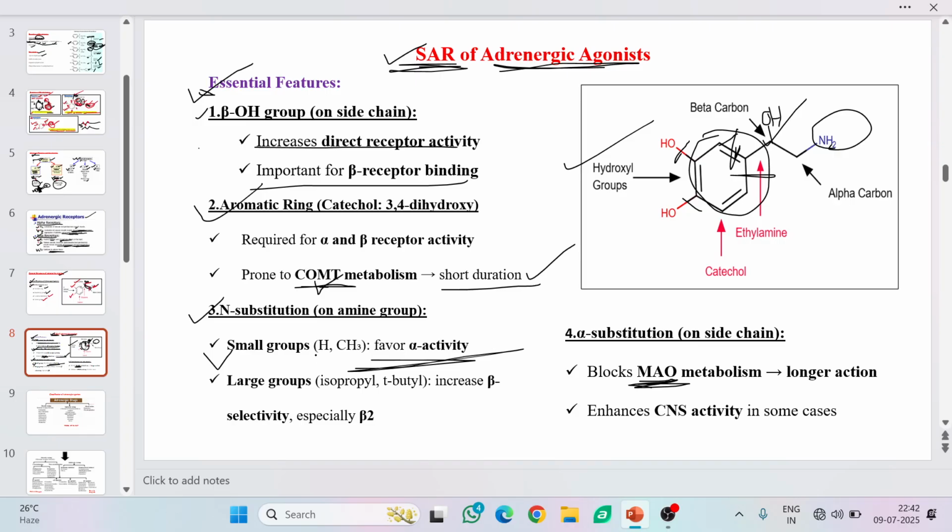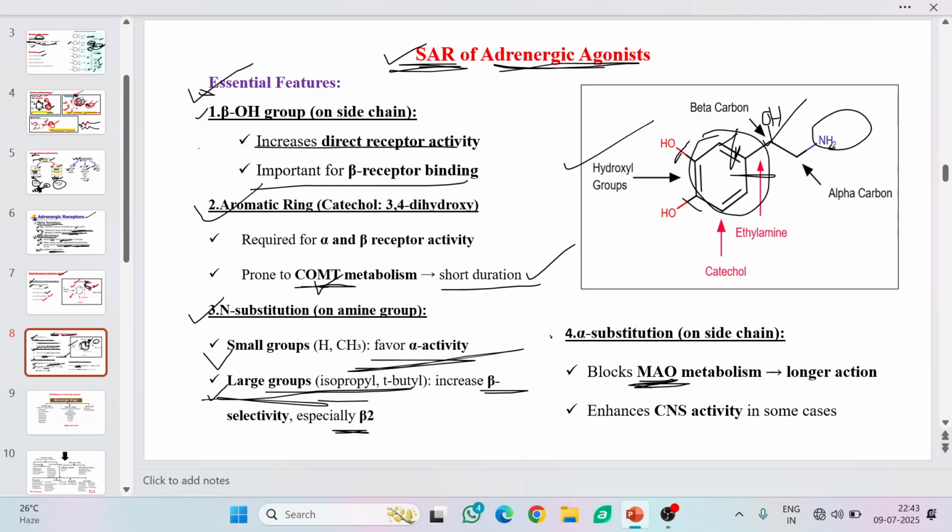Then substitution of a large group like isopropyl or tertiary butyl increases beta selectivity, especially beta 2 activity. We will see in later cases how a large bulky group substituted on the N increases beta receptor and beta 2 selectivity.